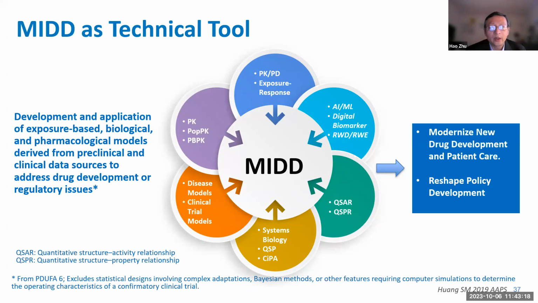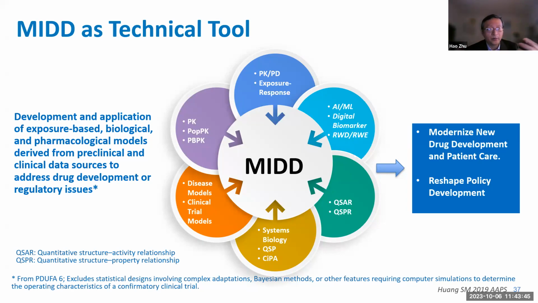For example, we can try to understand the concentration change over time by using PK modeling, which generally includes population PK modeling or physiologically based PK modeling. And we can also link the concentration changes to the subsequent lab value changes or pharmacodynamic value changes, and essentially link to the clinical outcome changes. That is what we call exposure-response modeling.